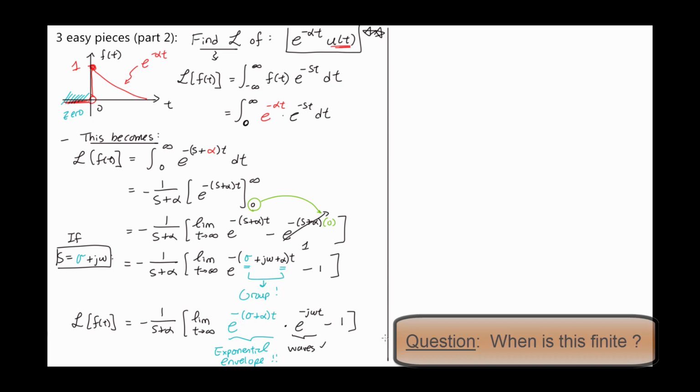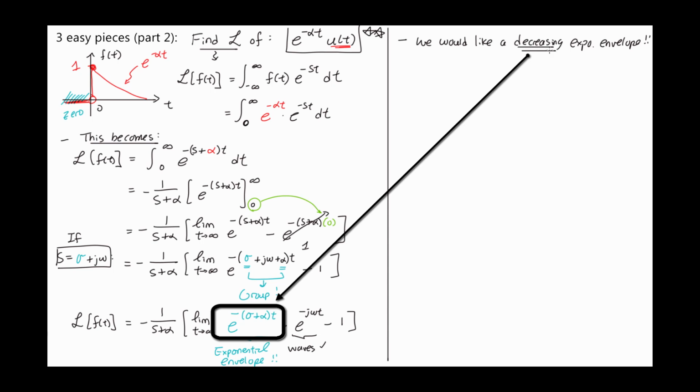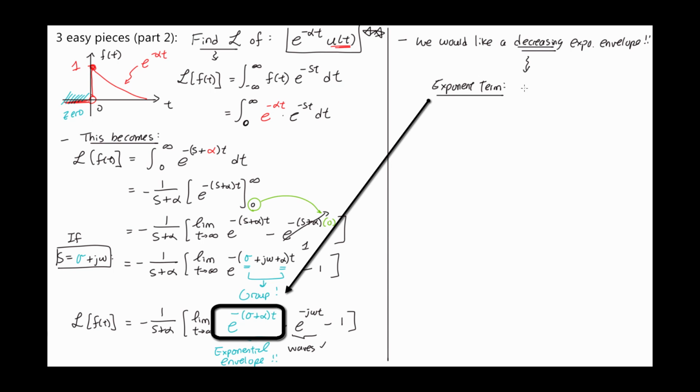Cool. So now the question is, when is that limit finite? And like before, we really want a decreasing exponential envelope. That means the exponential term, sigma plus alpha, had better be a positive number.